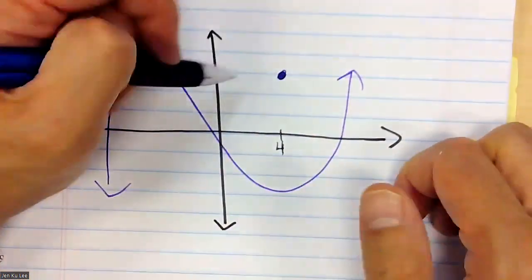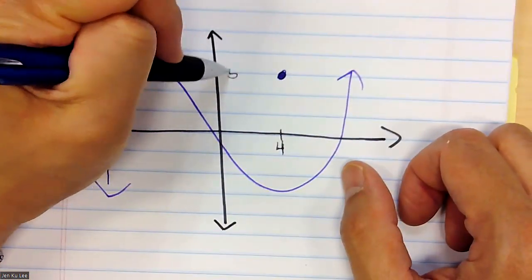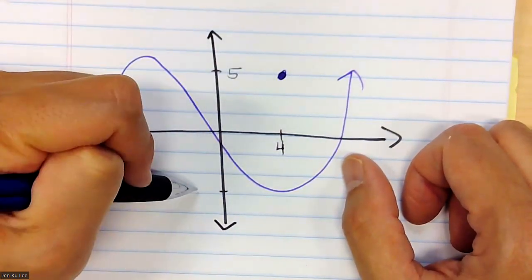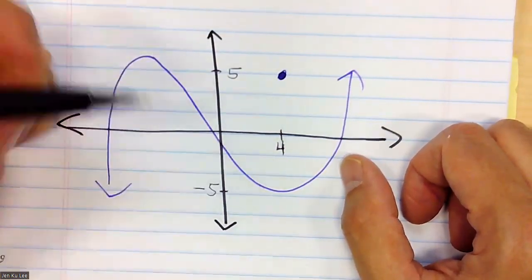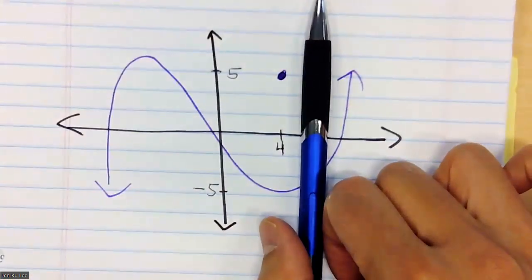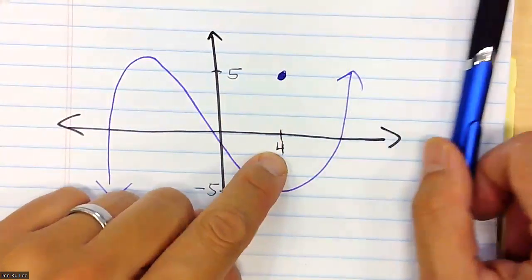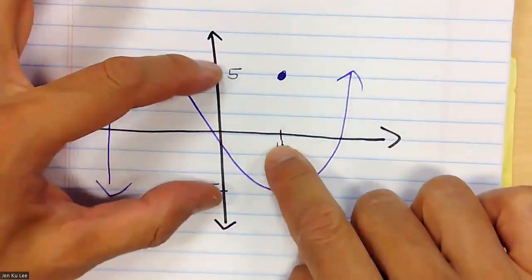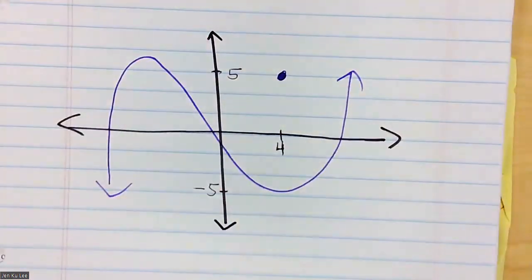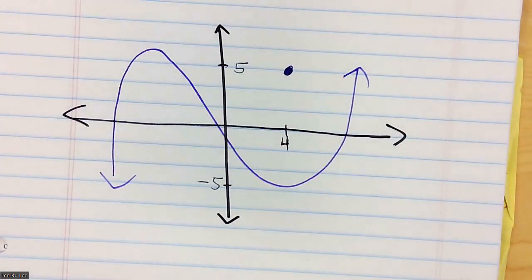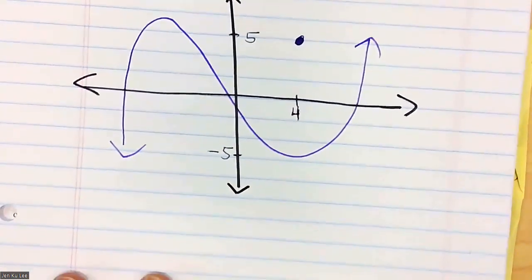One up here at 5 and one down here at -5. Yeah. So therefore, since this x value has two y values, it's not a function. That make sense? Okay. I just wanted to talk about and define what a function really is.